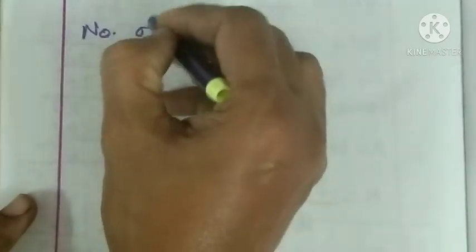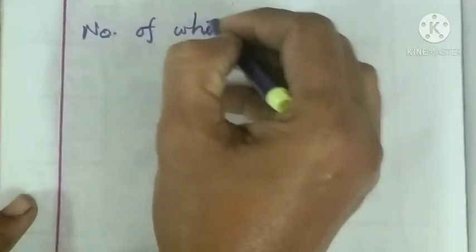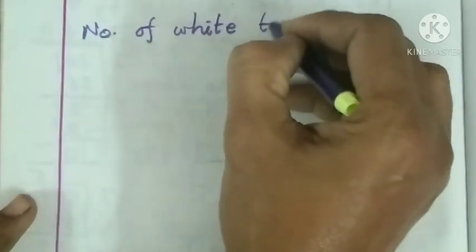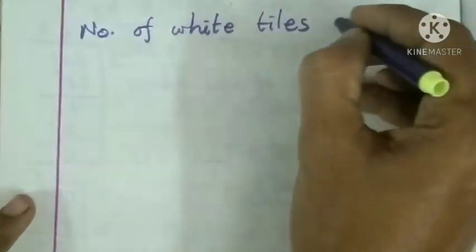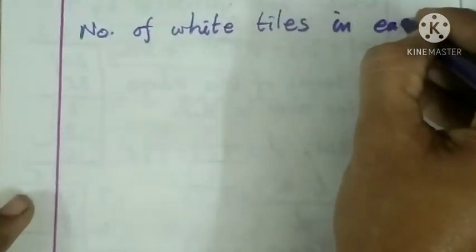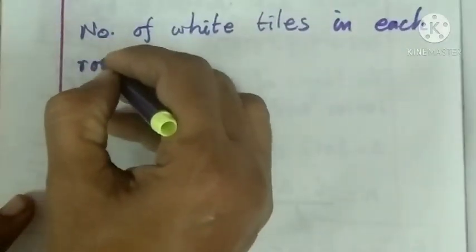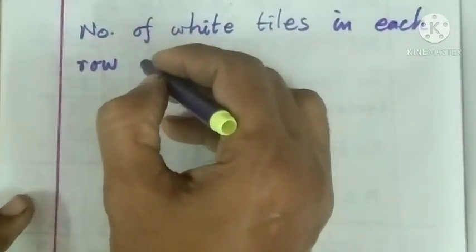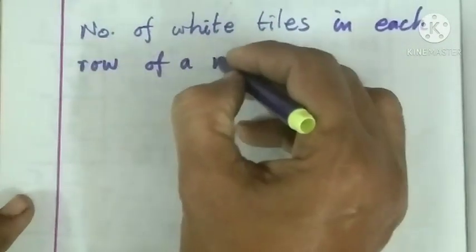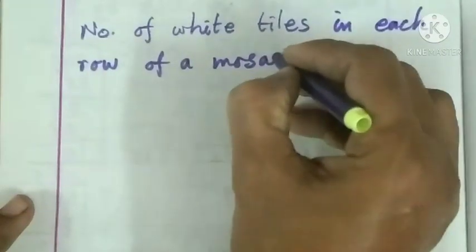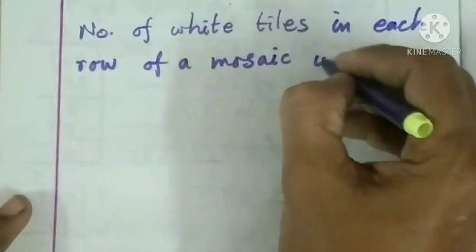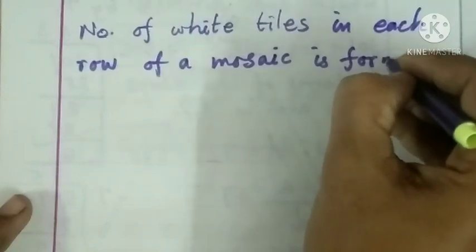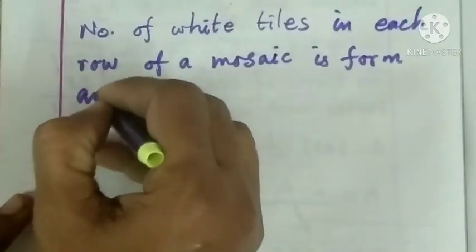So, you have to write number of white tiles in each row of a mosaic form an AP.